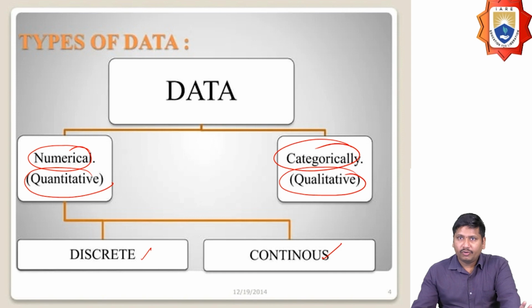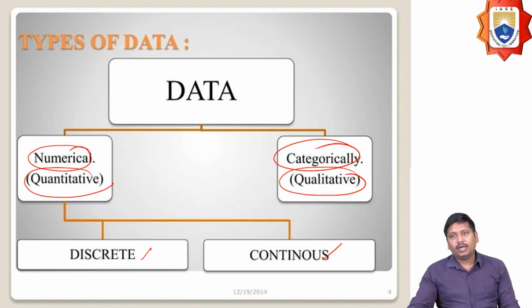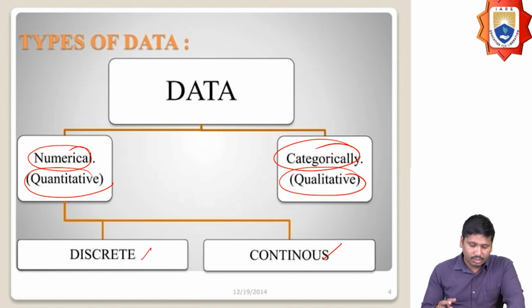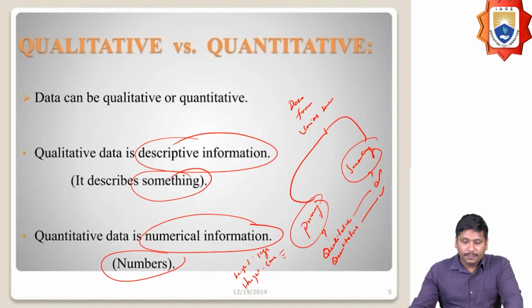And I discussed different types of data. The data may be numerical or categorical. The numerical one is treated as quantitative data, and the categorical data is treated as qualitative data. Again, numerical data can be divided into different types like discrete and continuous.